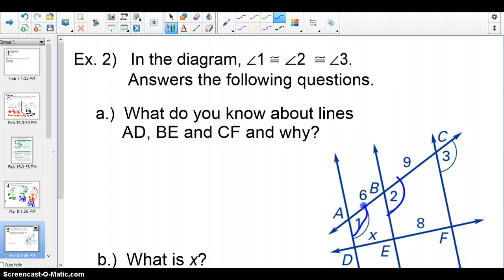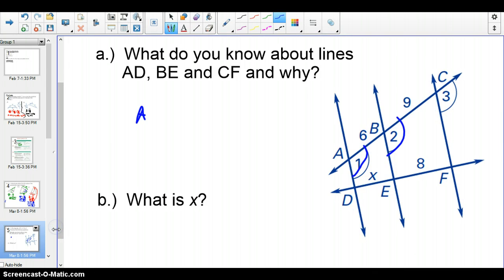So that means I can say for sure that AD is parallel to BE. I also can see that 2 is corresponding with 3, and those are congruent. So I can also say that BE is parallel to CF.